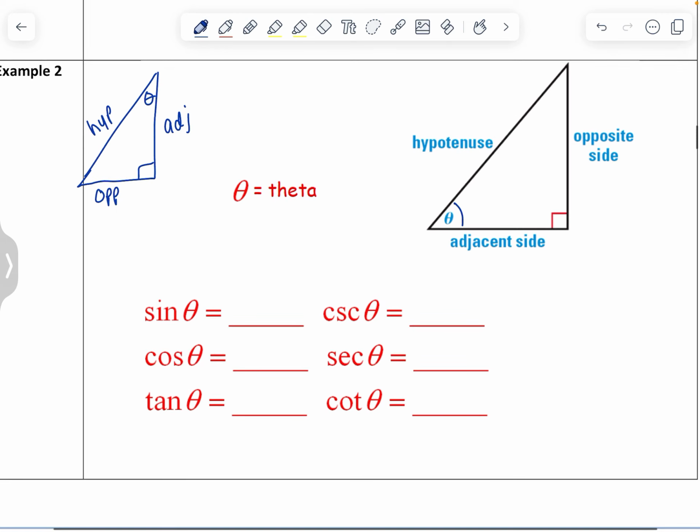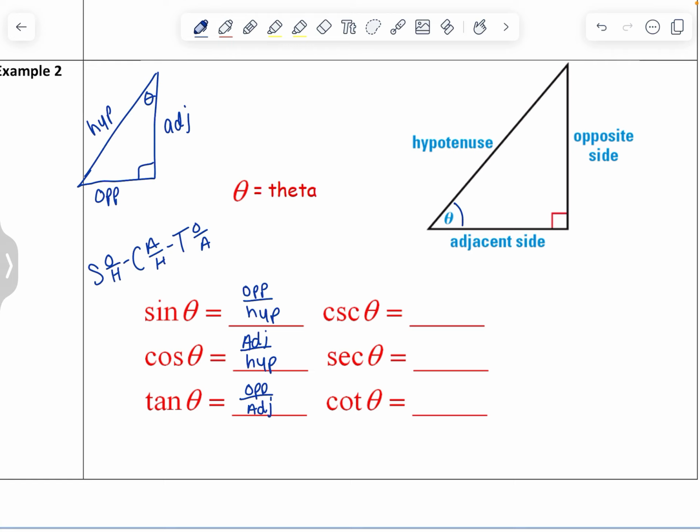To go with the 6 ratios then, you'll find the sine of an angle by taking the opposite side over the hypotenuse. This is our basic SOHCAHTOA, and sometimes I write it like this, SOHCAHTOA. That reminds me that sine is opposite over hypotenuse, cosine is adjacent over hypotenuse, and tangent is opposite over adjacent. And then the new ones are the reciprocal functions.